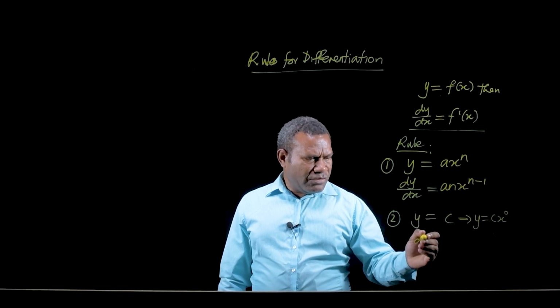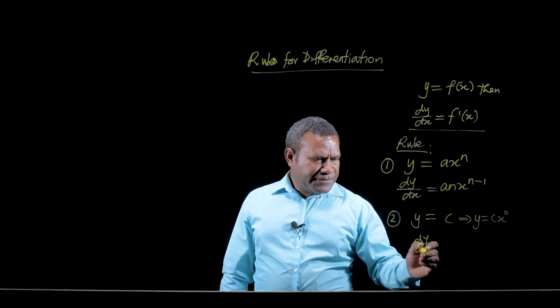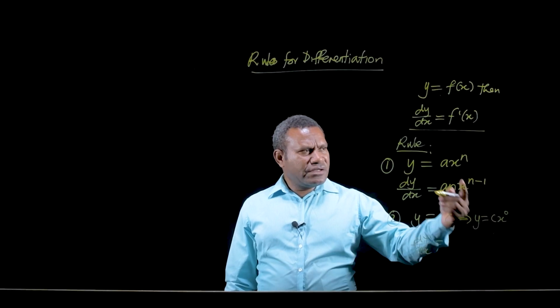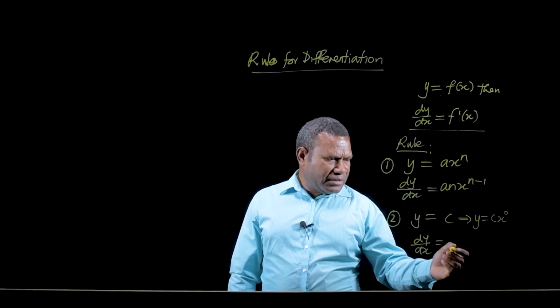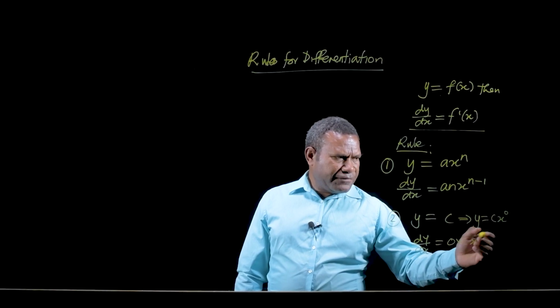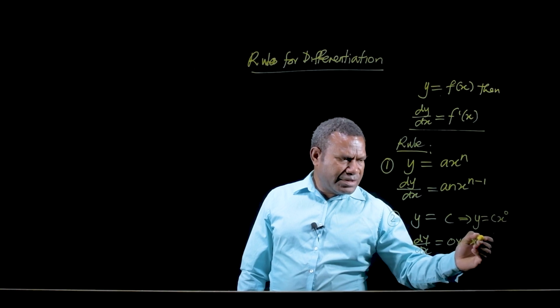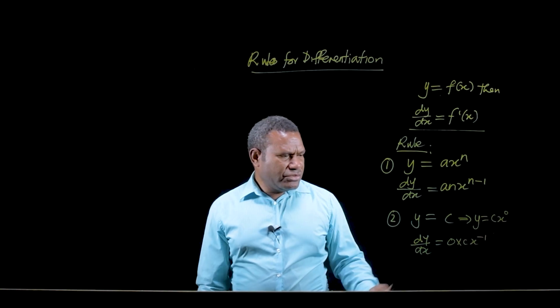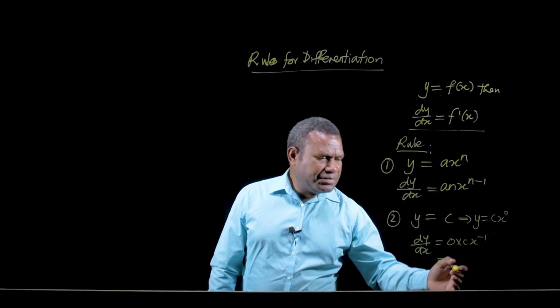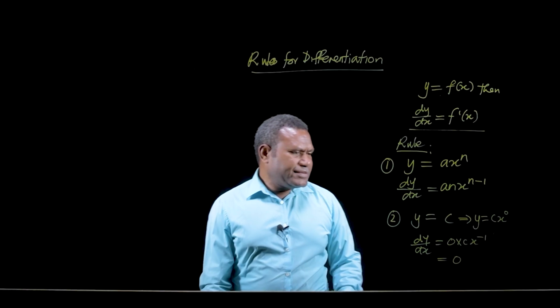So dy over dx of this function, if I bring the 0 in front, like I bring the n in front, it will become 0 multiplied by c x raised to the power of 0 take away 1, which is negative 1. Right? So 0 times all of this is simply multiplication, so we end up with 0.